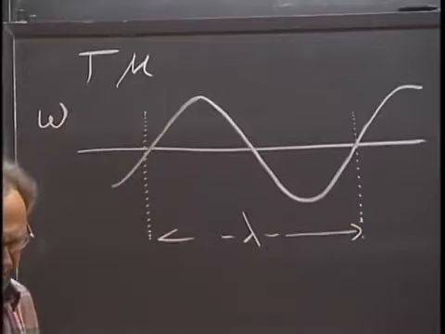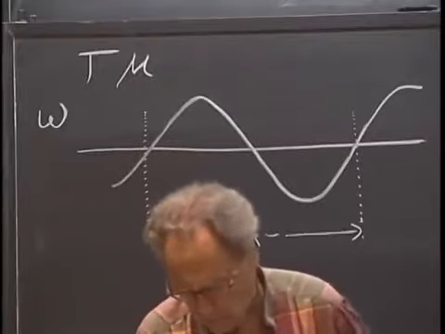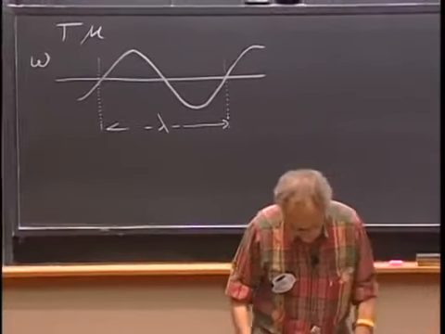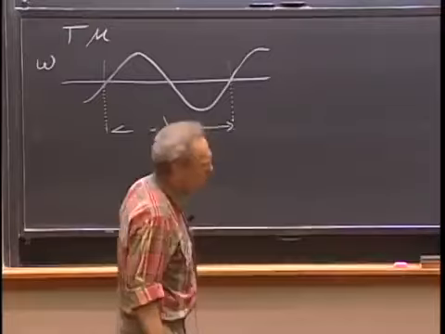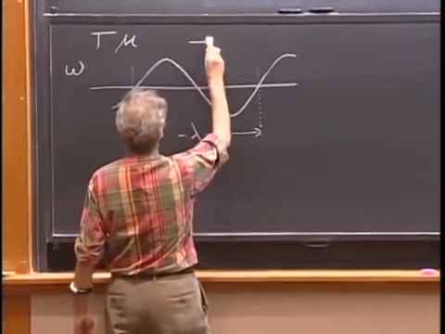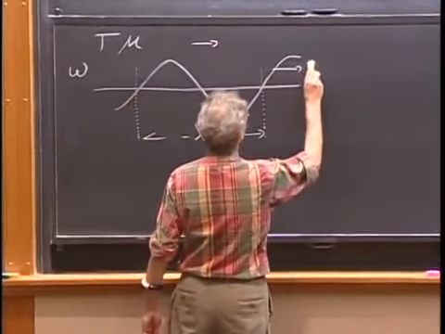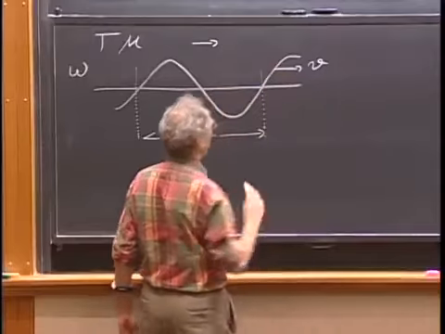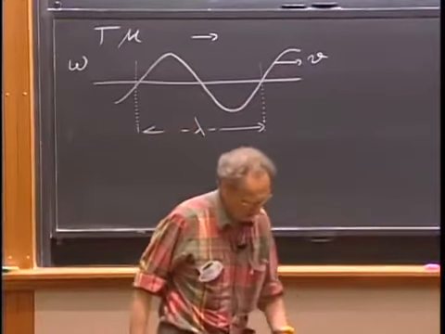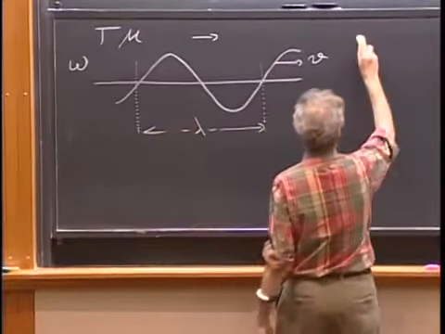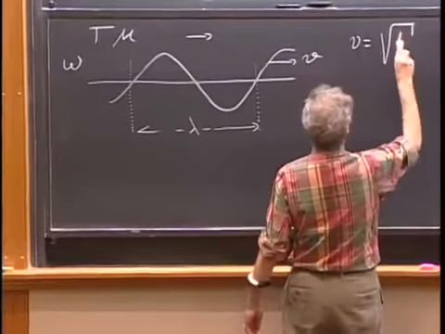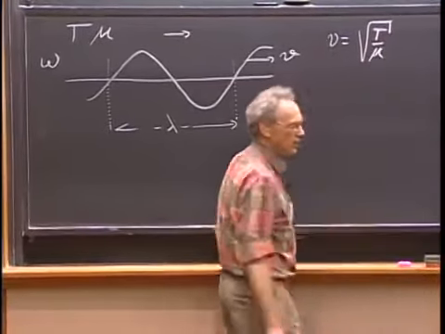That is the distance that the disturbance travels in one oscillation time. If I call this the positive direction, this wave will propagate with speed v in that direction, and we know what v is. V is the square root of T divided by mu. We derived that last time.